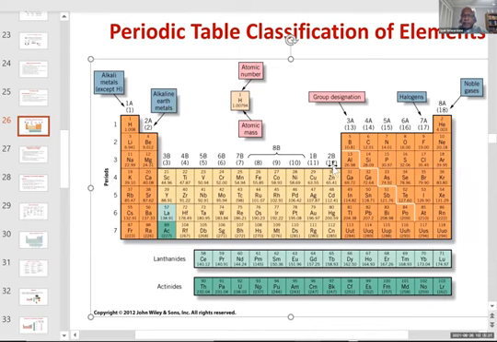We normally use the numbers at the bottom as group numbers, 1 through 18, for columns. For periods, we use numbers 1 through 7. There are 7.